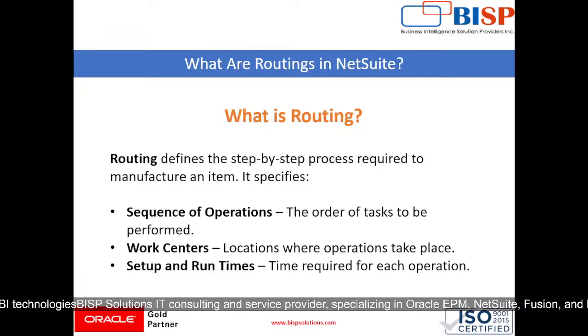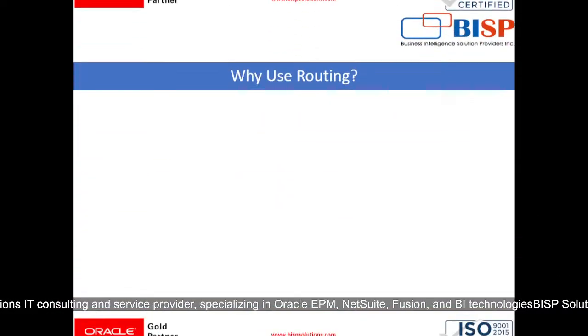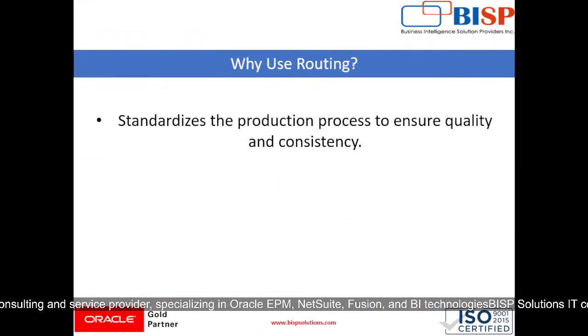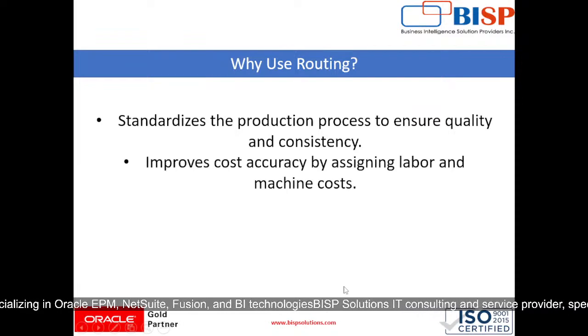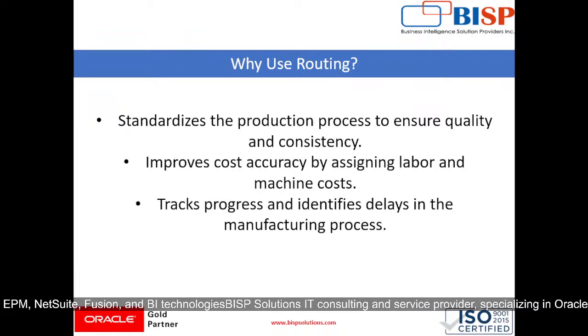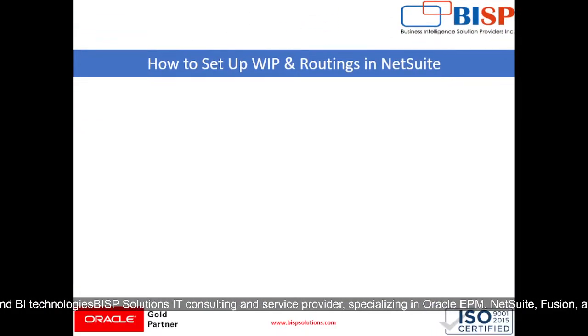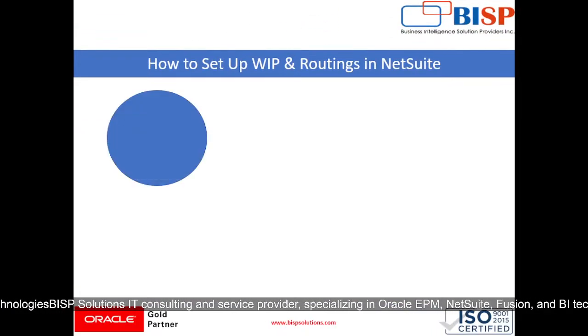Why use routing? It standardizes the production process to ensure quality and consistency, it improves cost accuracy by assigning labor and machine cost, and it tracks progress and identifies delays in the manufacturing process also.